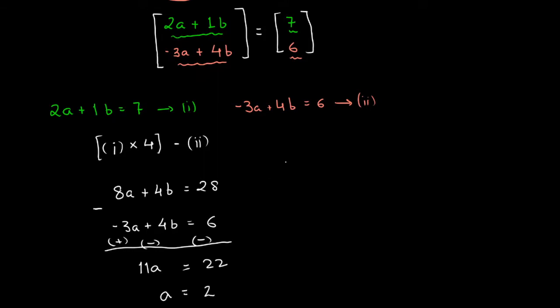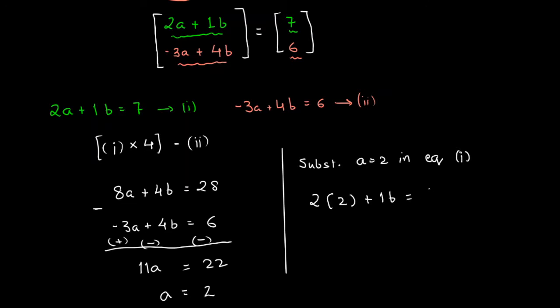Okay, so further on, let's substitute A is equal to 2 in equation number 1. What I'll end up with is 2 times 2 plus 1B equal to 7. 2 times 2 is 4.